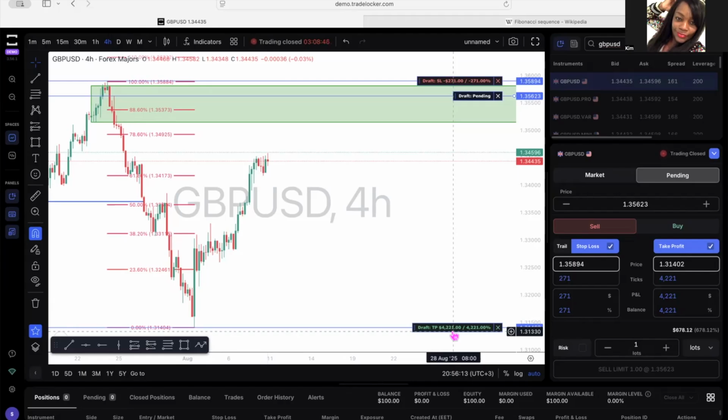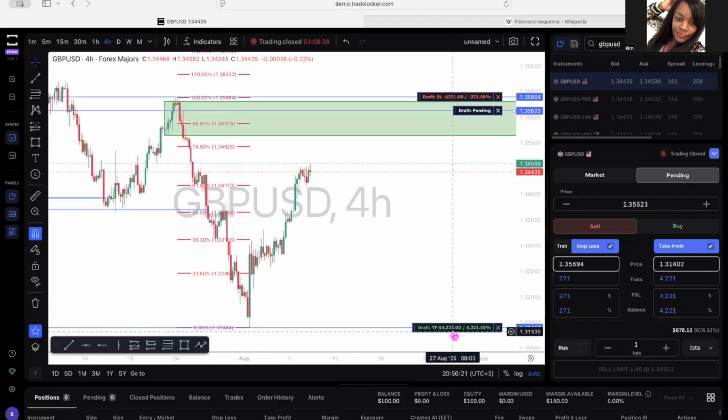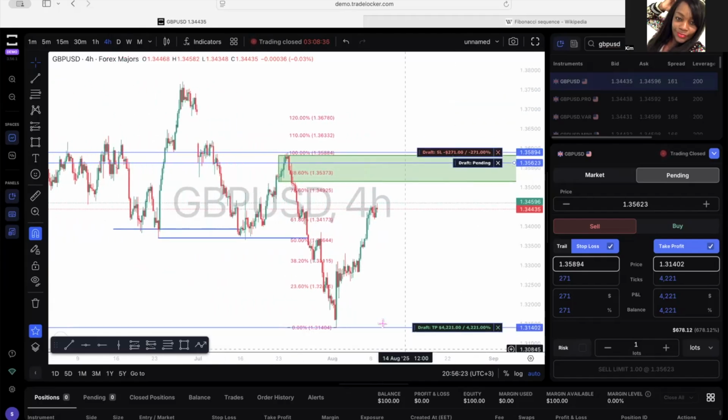I agree, but disagree with that. So that's what we're planning to do this week. Okay. So with that being said, this is what we're looking to trade. Now, this is already at the 618. So price could start selling.